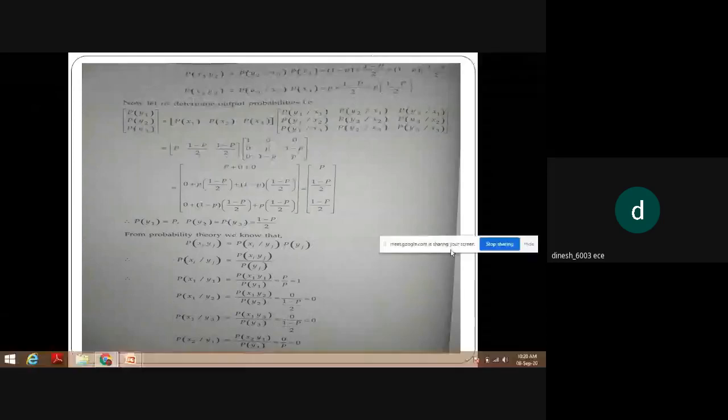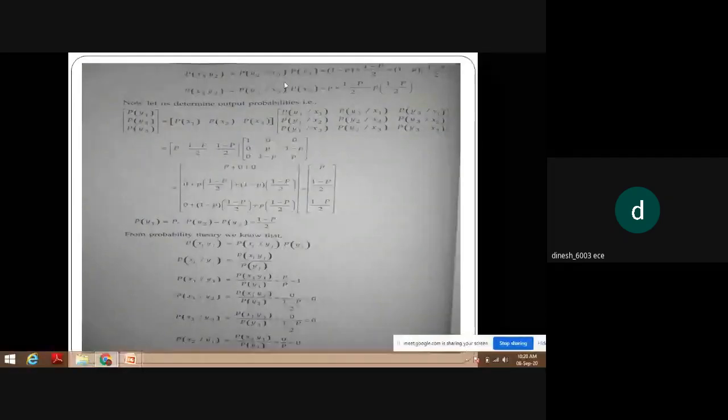Let me note this down. We'll be getting these values for P of x3 y2, P of x3 y3 on simplification.